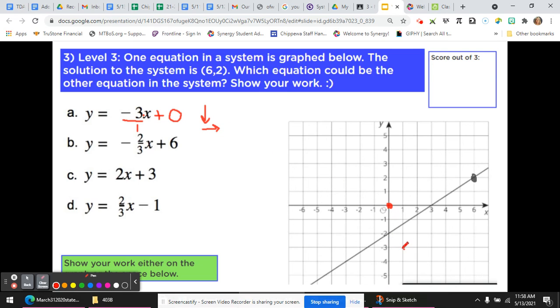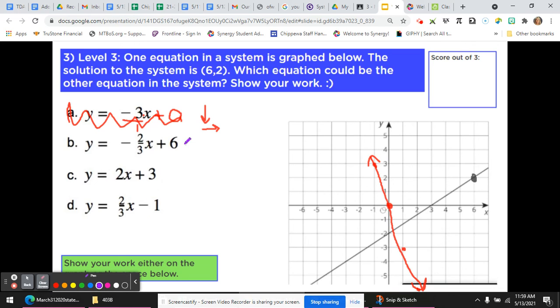Down 3, right 1, down 3, right 1. And I'm off my table. I could go up 3, left 1, but I think this gives me a pretty clear picture that my letter A, red line, is not a solution. So it will not cross where we need it to. So A is off of our list.